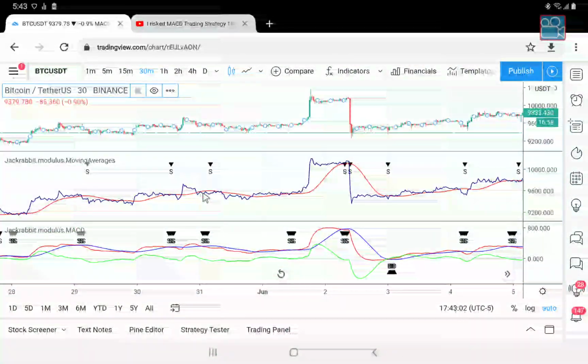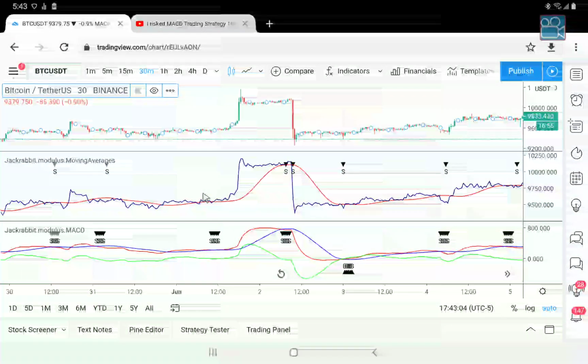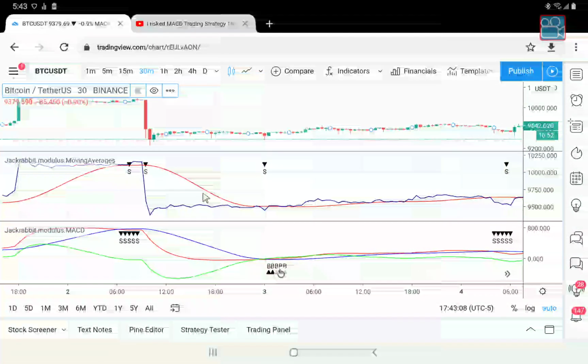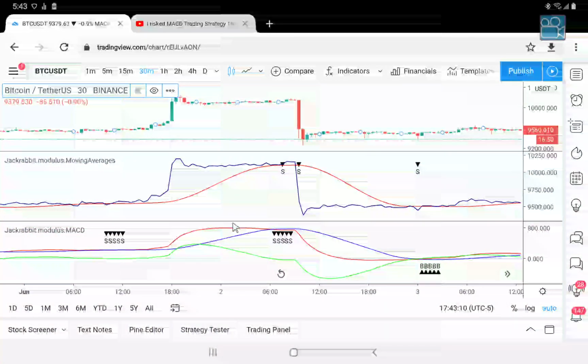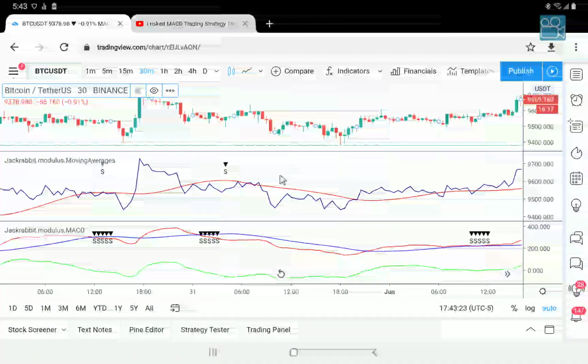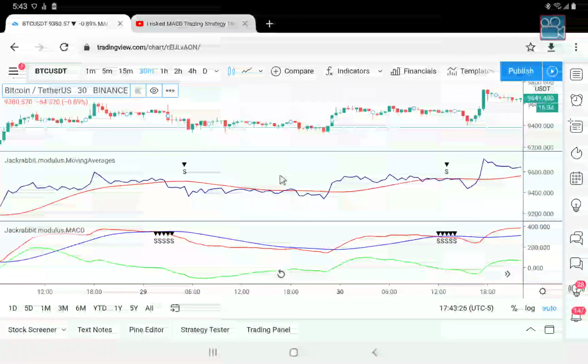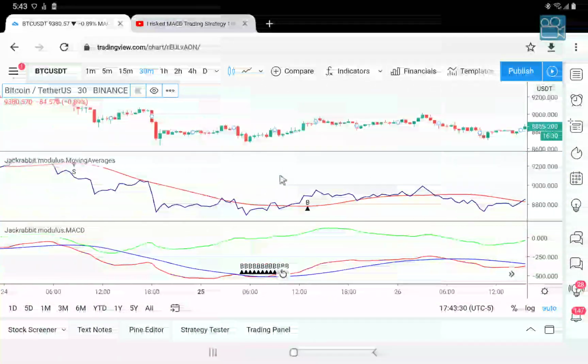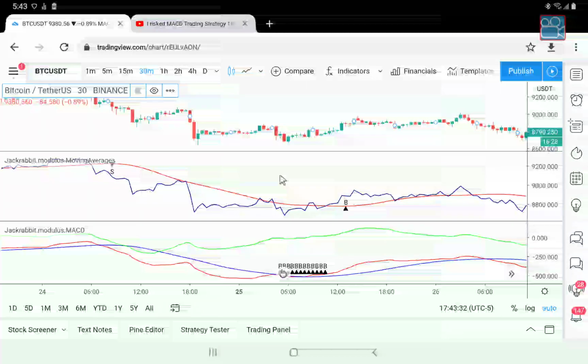Okay, let's zoom this in. You will see 5 candles. That lines up with this one right here. Let's come back a little. Let's find a buy signal that lines up.